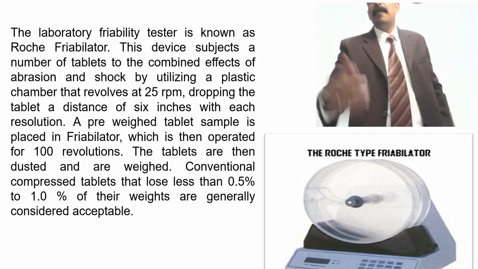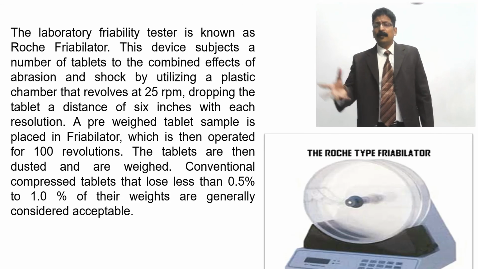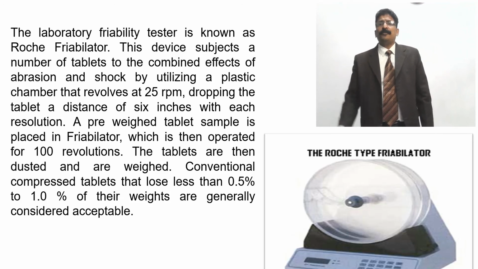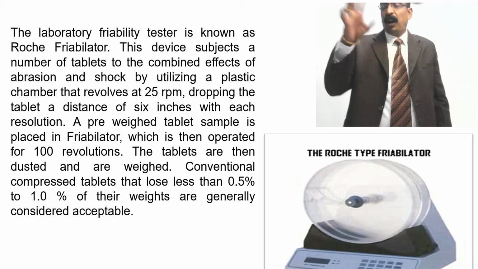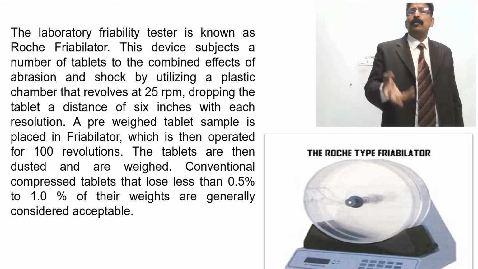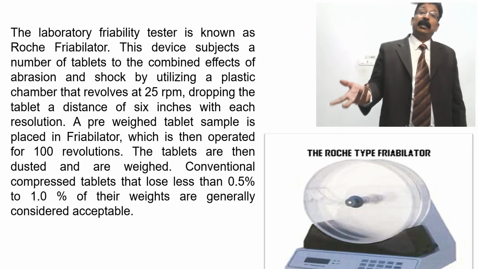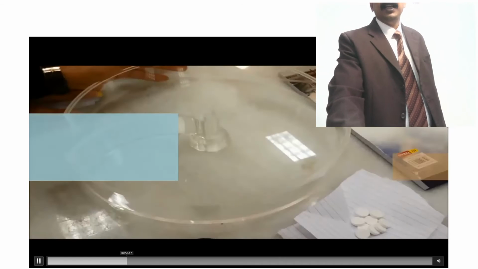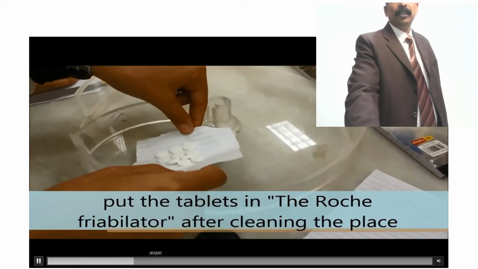And the friability tester, you can see the Roche friability tester. 25 RPM will be maintained for a 6 inch fall, and for 100 revolutions, you see the maximum allowed loss of the tablet powder is permitted. This you might have seen in detail and done in your lab practical, so I am not going to show you how.